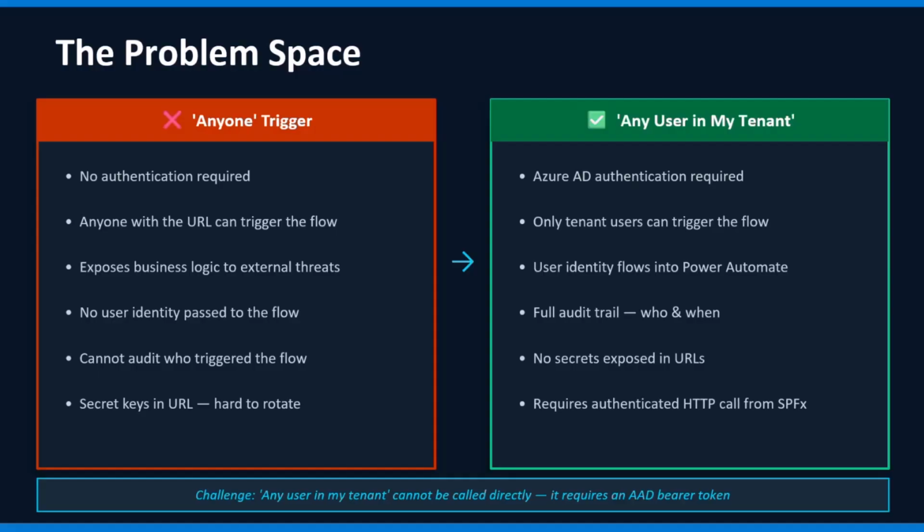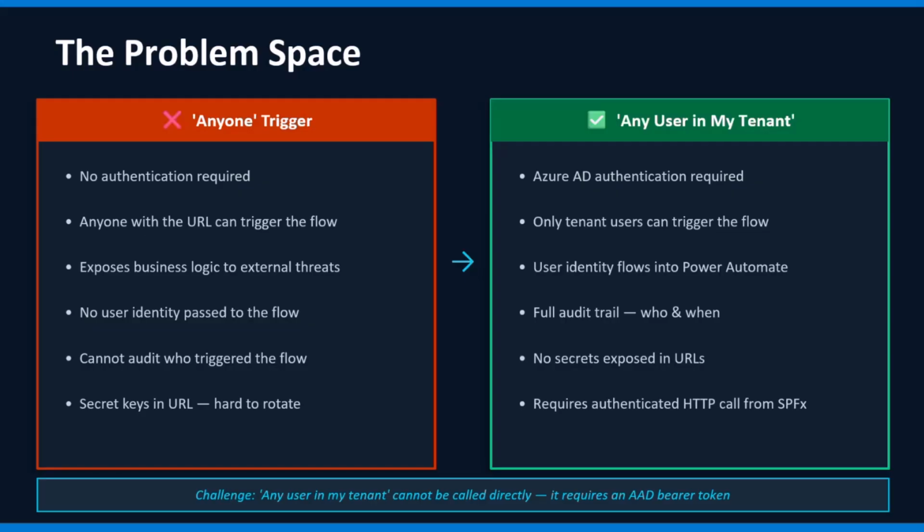Another way is you select one of the options available, and we'll look into the demo later on: any user in my tenant, which means you're tied to the tenant itself. There's another option as well, where you only allow a specific user in my tenant. The same principle will apply.